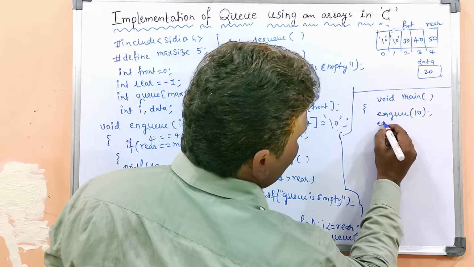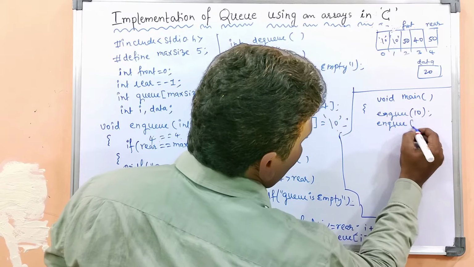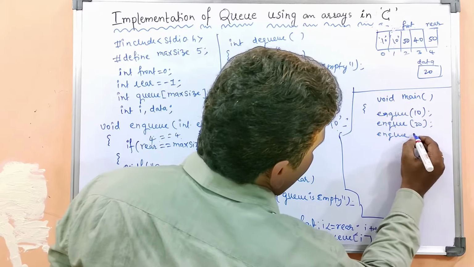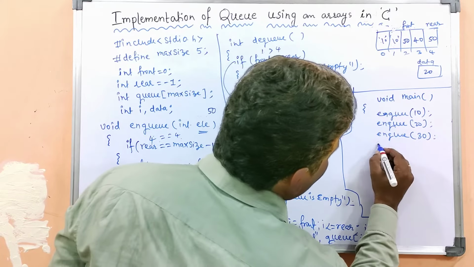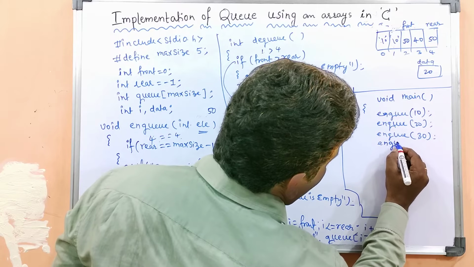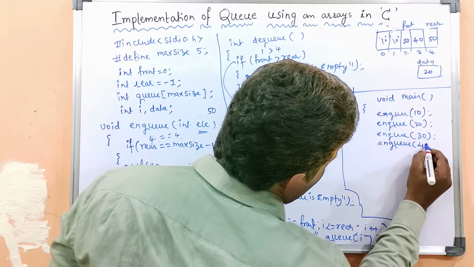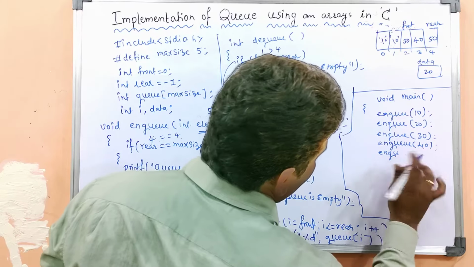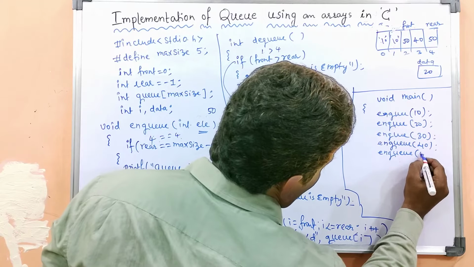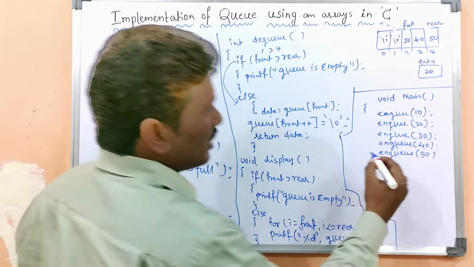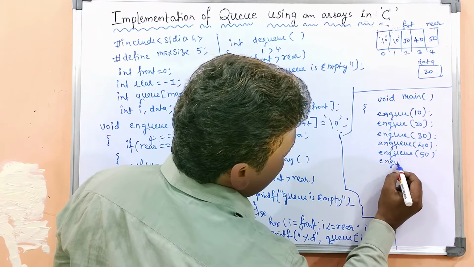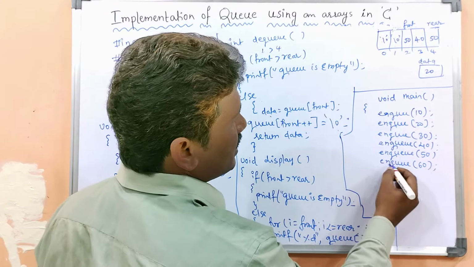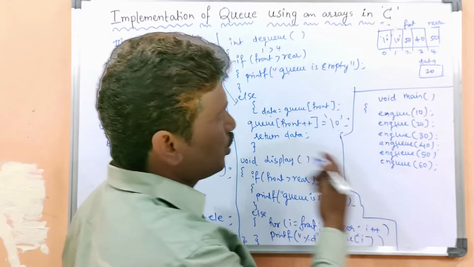Enqueue 10, enqueue 20 has been inserted, 30, 40, 50. Whenever you insert another element, 60, what output are you going to display? 60 can't be inserted, it shows a message.